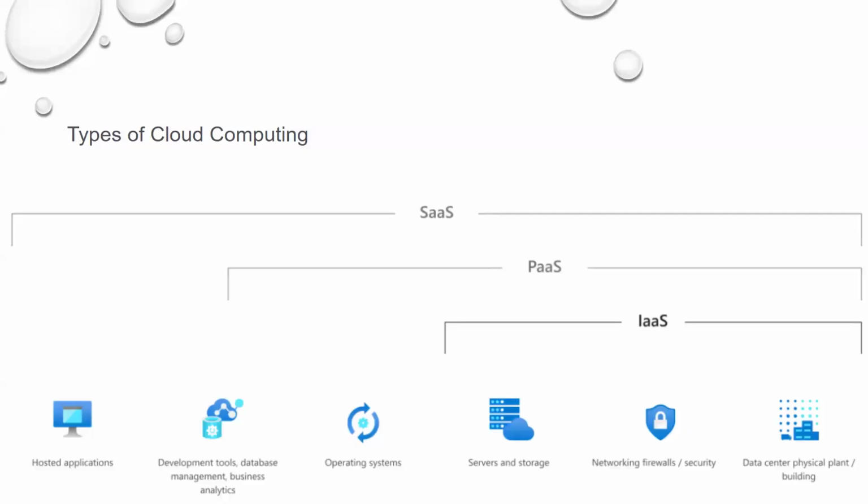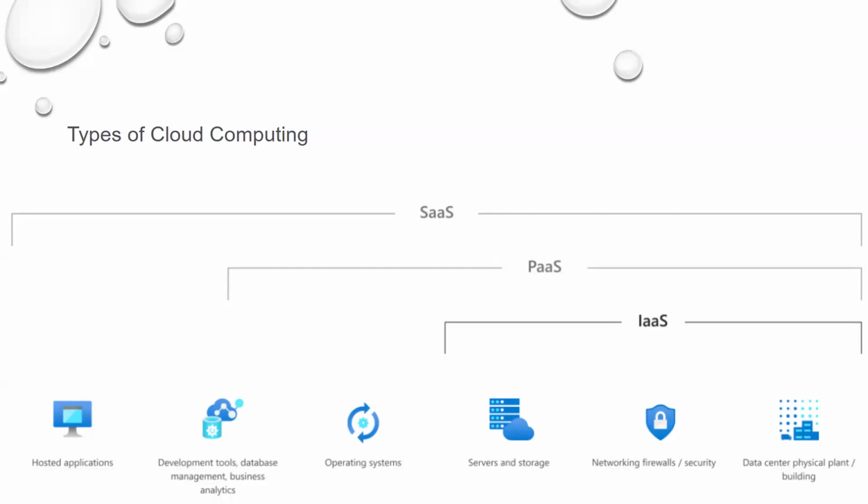When we say infrastructure as a service, it includes servers and storage, some networking, firewall and basic security, and the data center, a kind of physical plant. But when you go to platform as a service, you get development tools, database management, business analytics, etc. The operating system is also included in platform as a service.